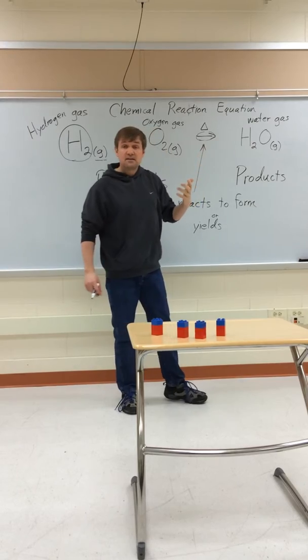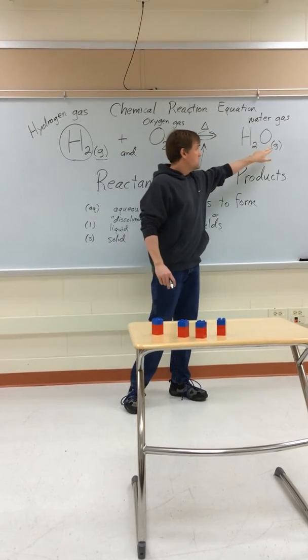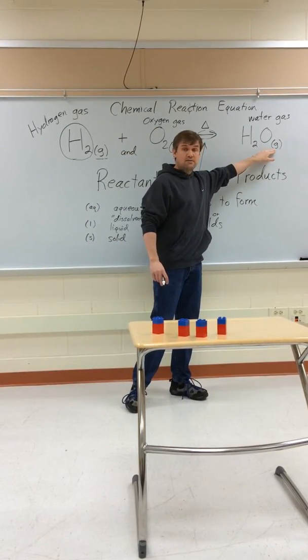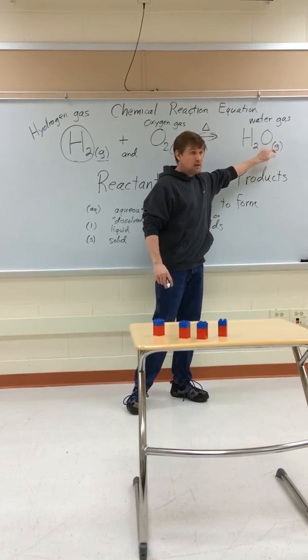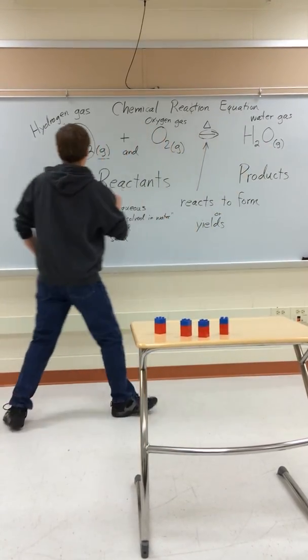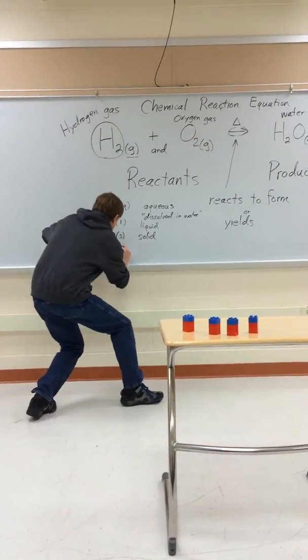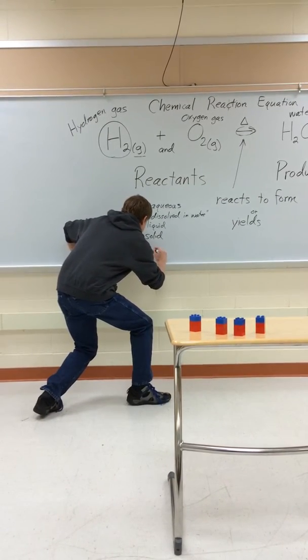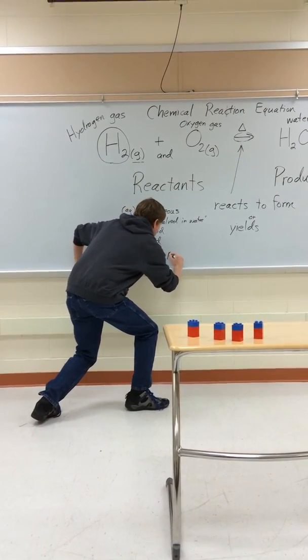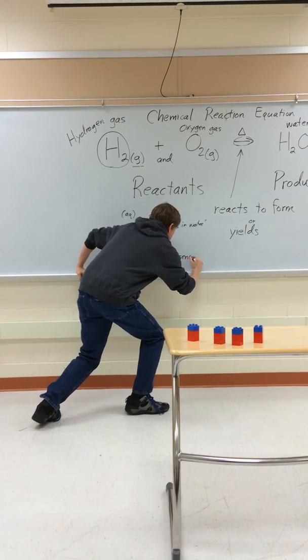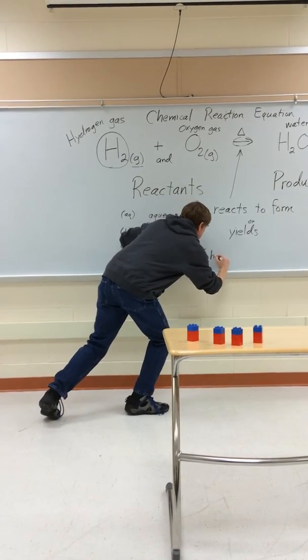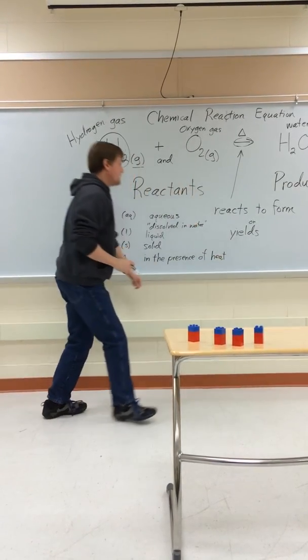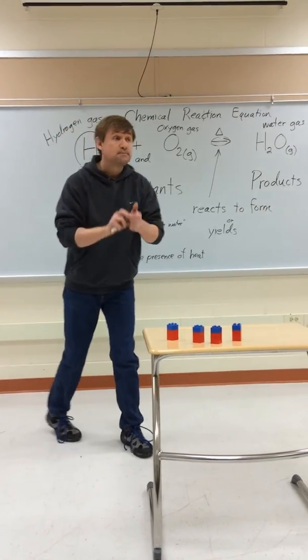And if it's hot, the water that's formed will be in the gas phase, not the liquid phase. Okay, so let me put down here, triangle translated to in the presence of heat.